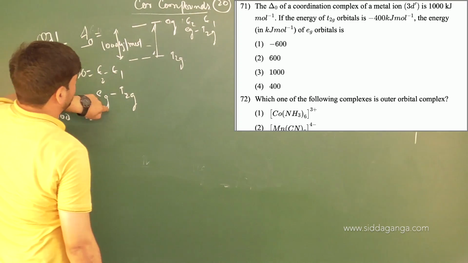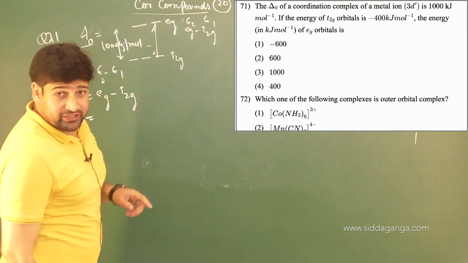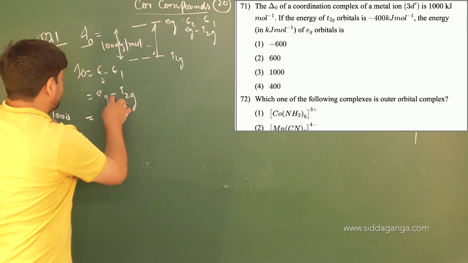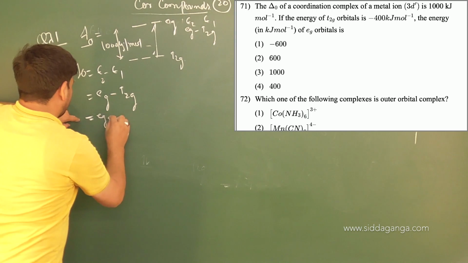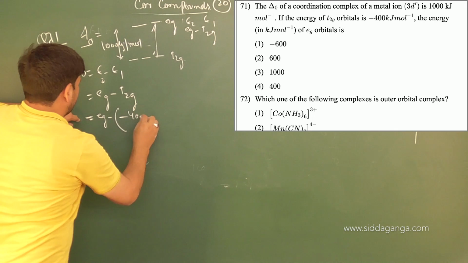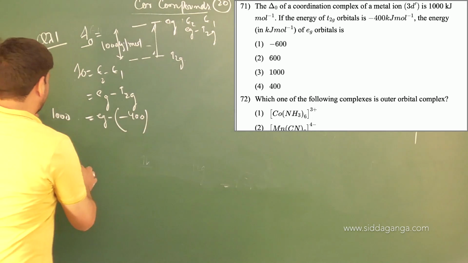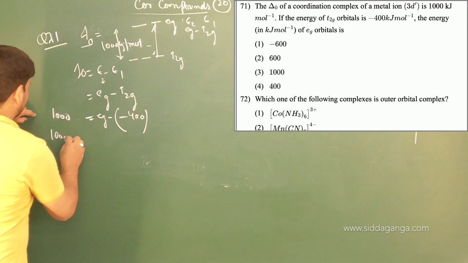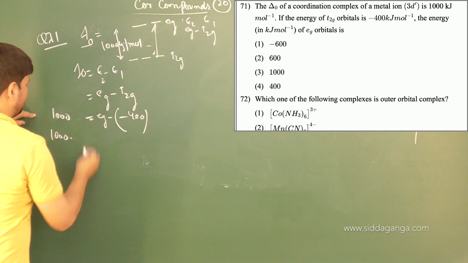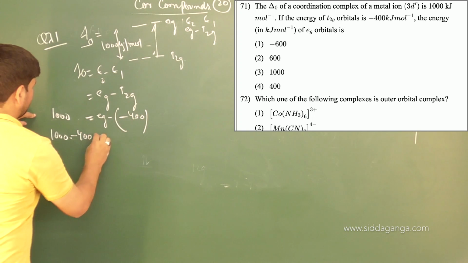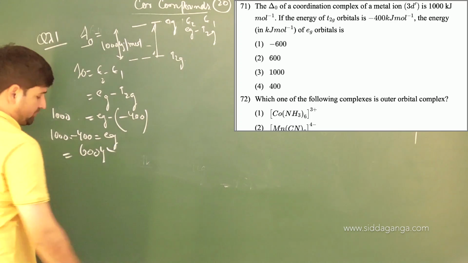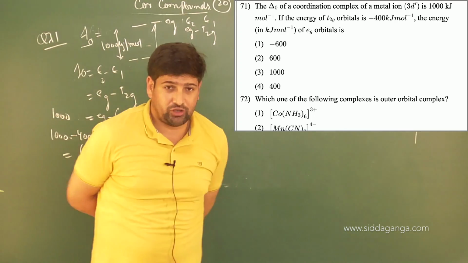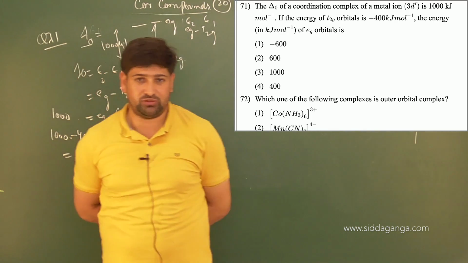What is the eg energy given to you? Eg is not given, t2g is given. T2g is given how much? Minus 400. So eg minus of minus 400, plus, it becomes here on the other side minus 1000, minus minus will be plus. It comes here, it becomes minus 400 will be the energy of eg. So that will be 600 kilojoules per mole. Correct option will be option 2 for this, 600 kilojoules per mole.